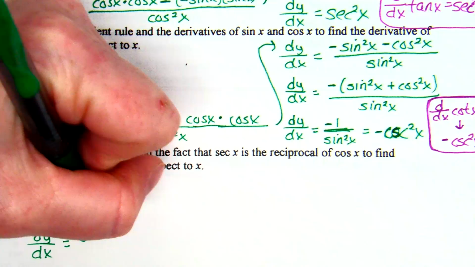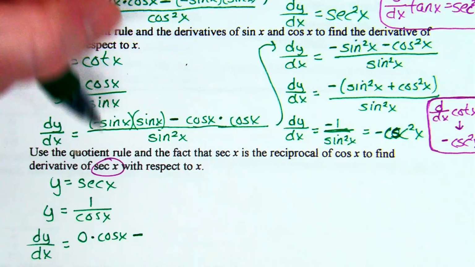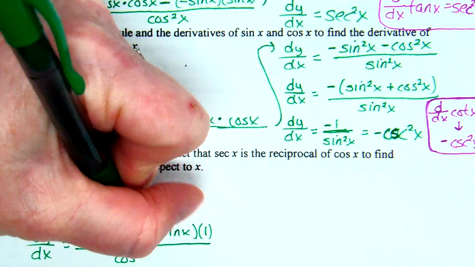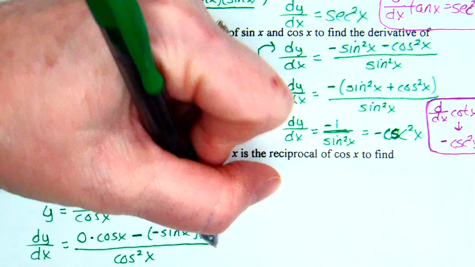Times the denominator, so 0 times cosine x, minus derivative of cosine x. So derivative of cosine is negative sine x times the numerator as is, all over cosine squared x. Wait, so the denominator is just the denominator squared? Yes.